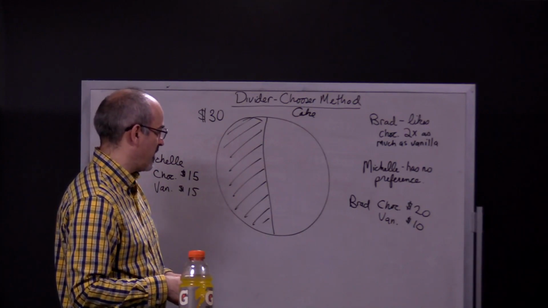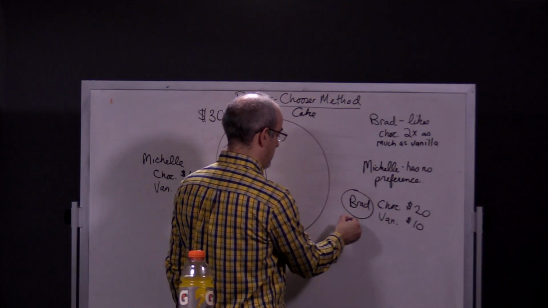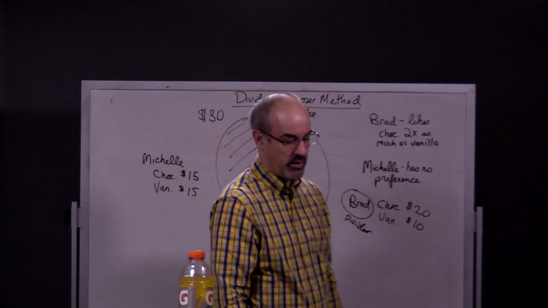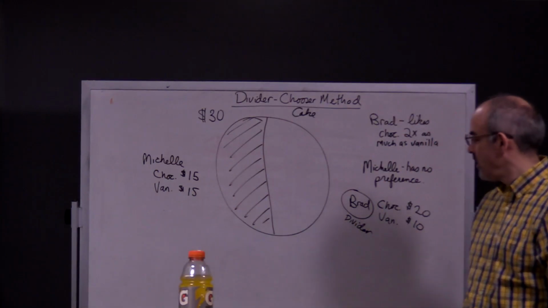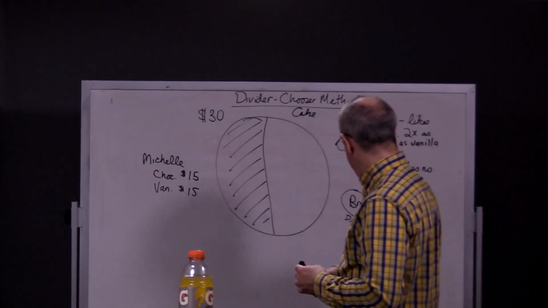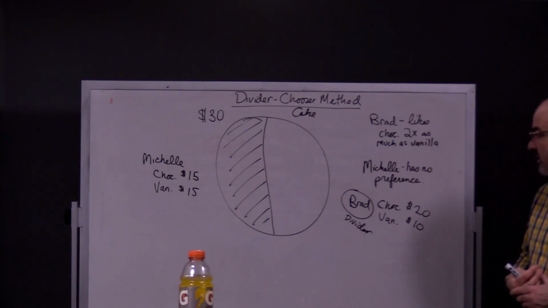So let's say they flip a coin and Brad is the divider. We can do it two ways. We can do it with Michelle being the divider also. But in this example, Brad is going to be the divider. So he wants to make sure he's going to get exactly half the value.